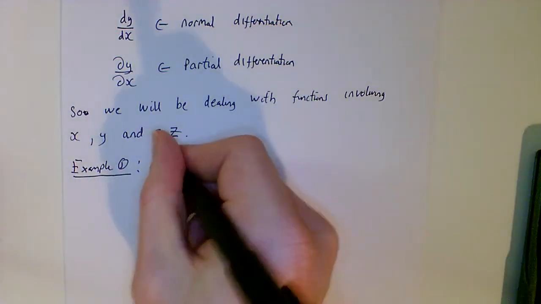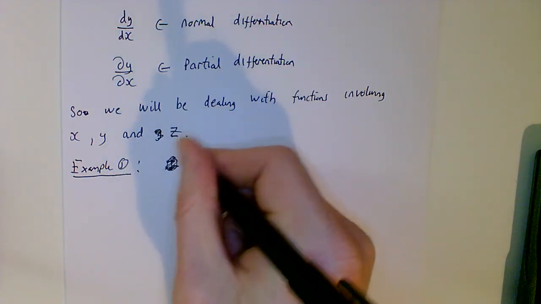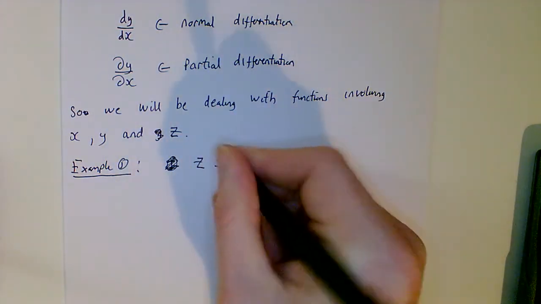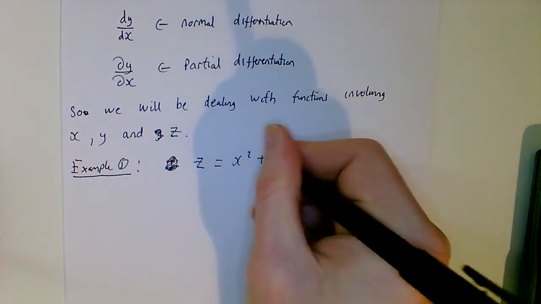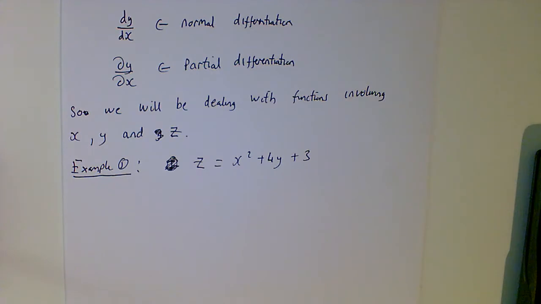So 1, just done that. So z equals x squared plus 4y plus 3.